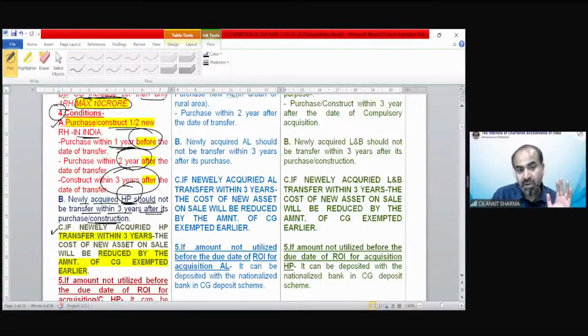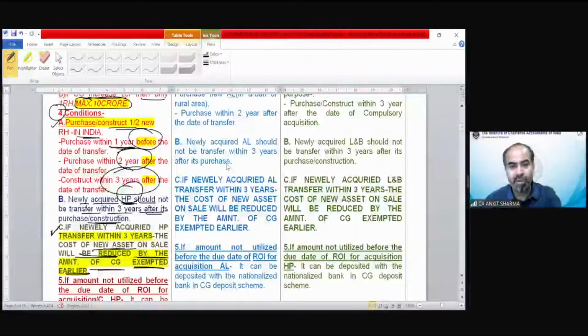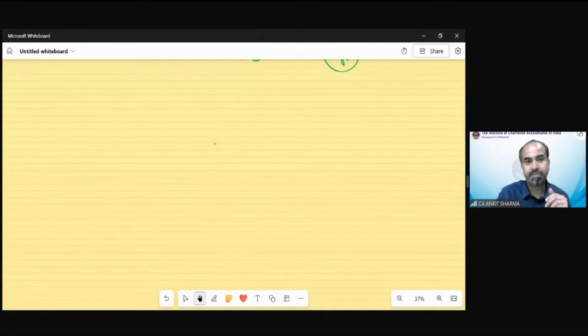If it happens, the consequence is explained by point number C. If a newly acquired house property is transferred within 3 years, the cost of the new asset on sale will be reduced by the amount of capital gain exempted earlier. Now let me show you a separate example to make you understand all things.